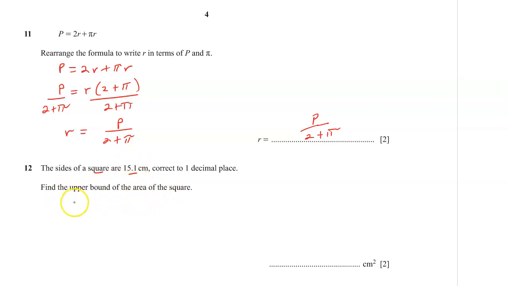Of course, to 1 decimal place, we use plus or minus 0.1 divided by 2. 0.1 divided by 2 gives you 0.05. Therefore, you add this to get the upper bound, plus 0.05.